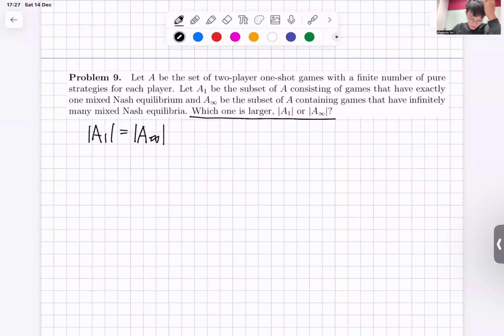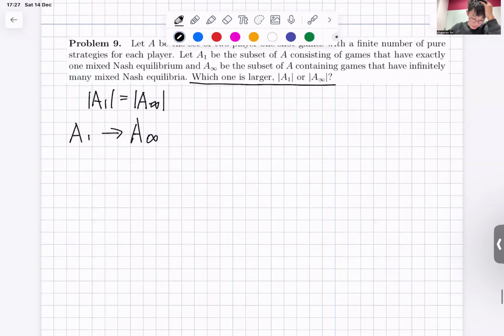So we have to find a bijection between A1 and A infinity. Let's first do it this way. We can add one new strategy for each player, but we have to keep the payoff the same. And this will create infinitely many mixed equilibria.